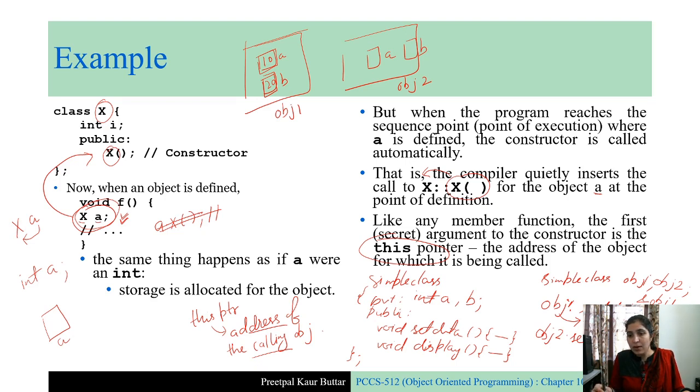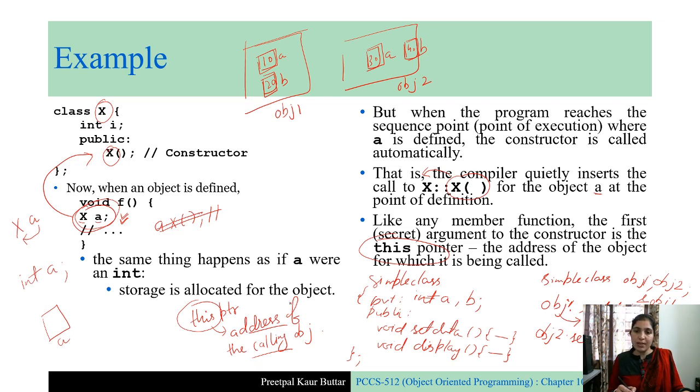So it will affect the data members which are part of obj2. So these will be set. And the address of the calling object is contained in a special pointer by the compiler automatically, and that pointer is called the this pointer.